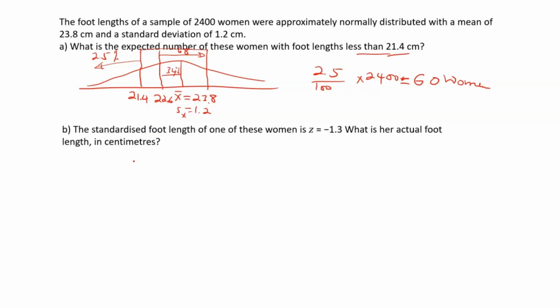So we're trying to find out what x is. We know that this is the formula. That means negative 1.3 times the standard deviation, which is 1.2, plus the mean, which is 23.8. That's what x is, the actual length.